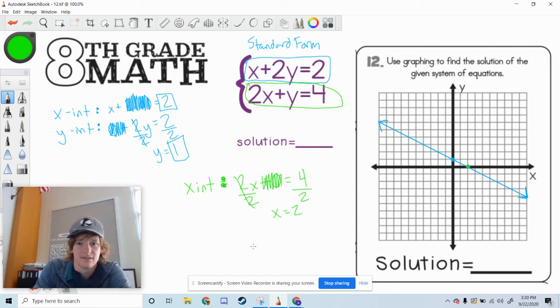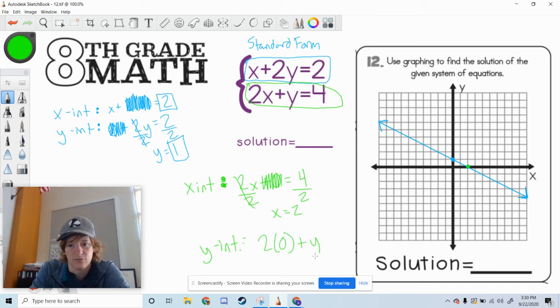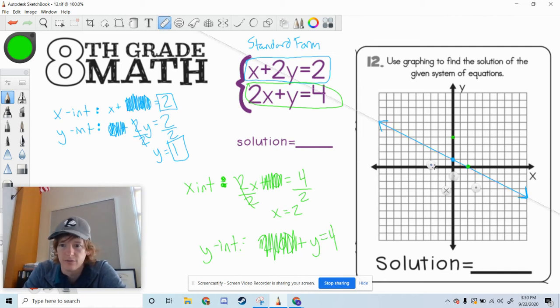And now for the y-intercept, I need to plug in 0 for x. So I get 2 times 0 plus y equals 4. Well, 2 times 0 is nothing. So I get y equals 4. 1, 2, 3, 4.